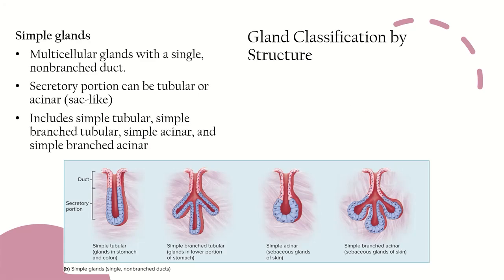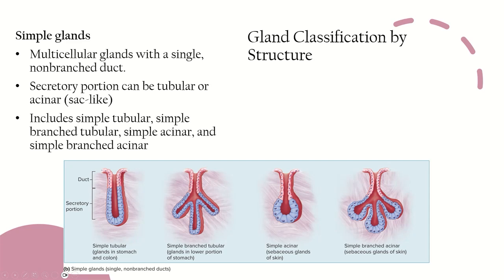So there are ways to further classify glands. There are simple glands, which are just tubular in form, with no branches. They're still multicellular, but there are simple branched tubular glands, right? So they have multiple branches but are tubed.